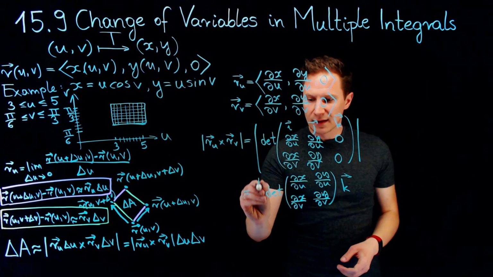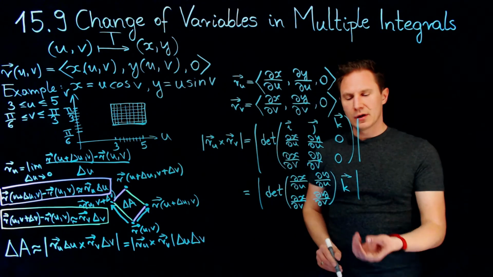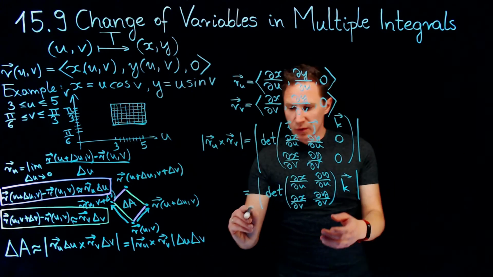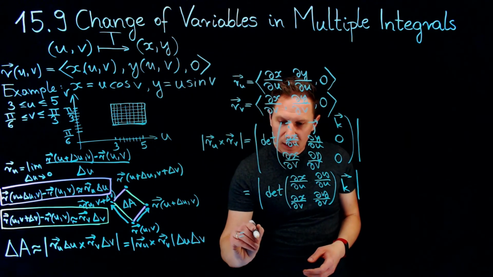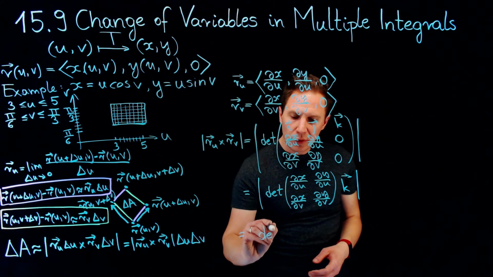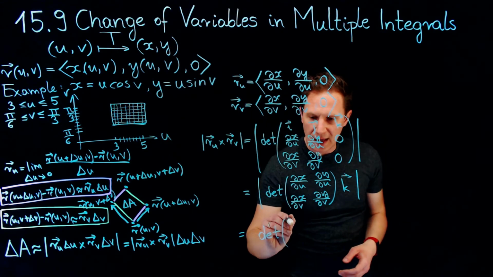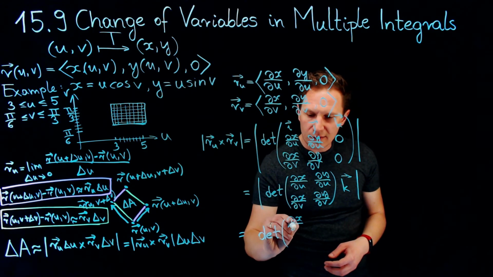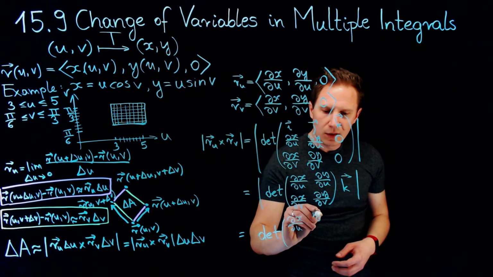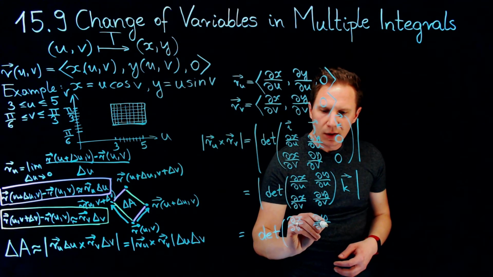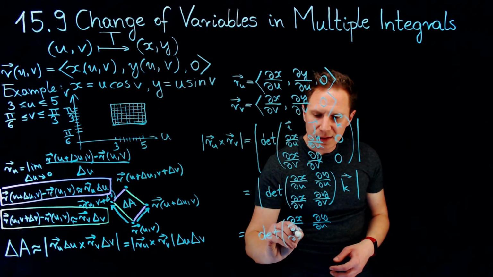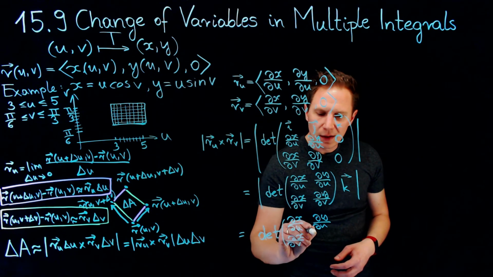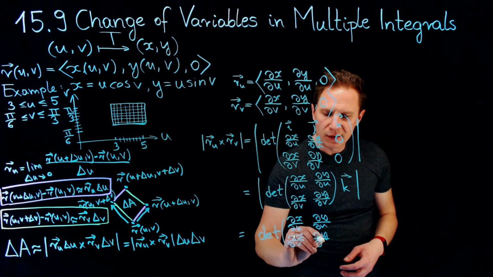But now we have to take the length of this vector. K is a unit vector, so what we are left with is the absolute value of the coefficient of k, which is just the absolute value of this determinant, dx over du, dy over du, dx over dv, dy over dv.